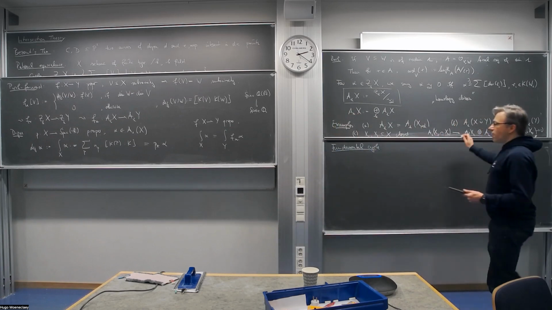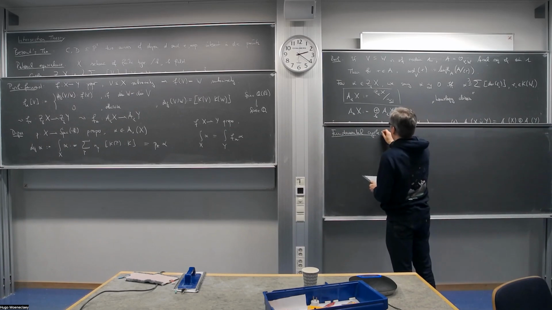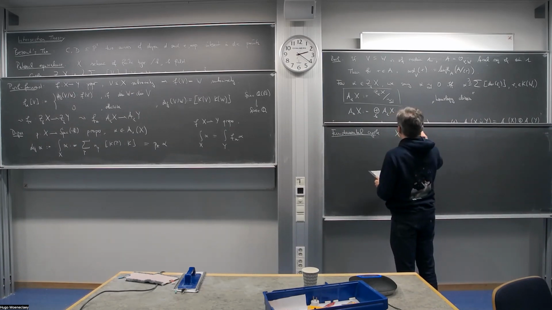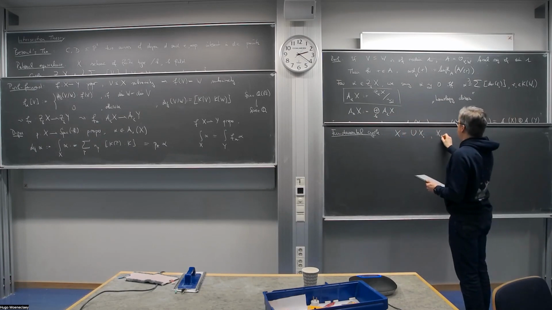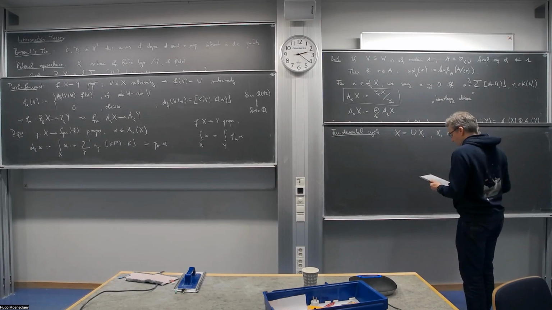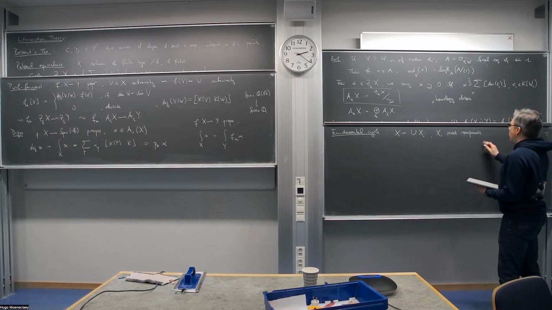So the idea is when I have a scheme X given by components xi, these are reducible components, say all of the same dimension.